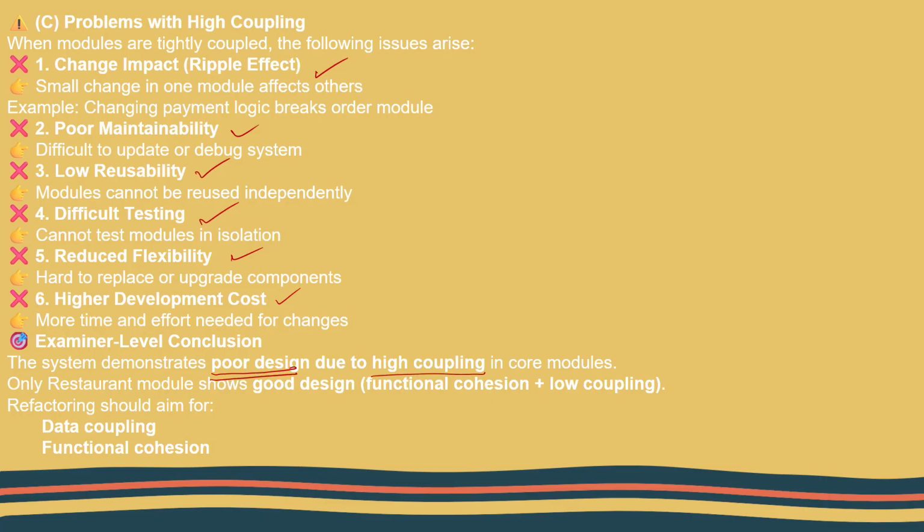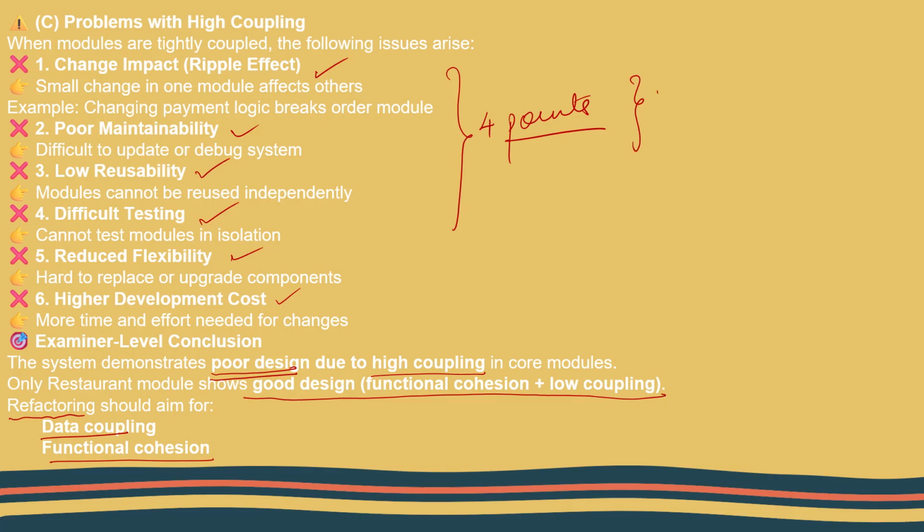Only restaurant module shows good design, that is functional cohesion plus low coupling. Refactoring should aim at data coupling and functional cohesion. Try to mention at least 4 points in your answer, even if it's 1 mark.